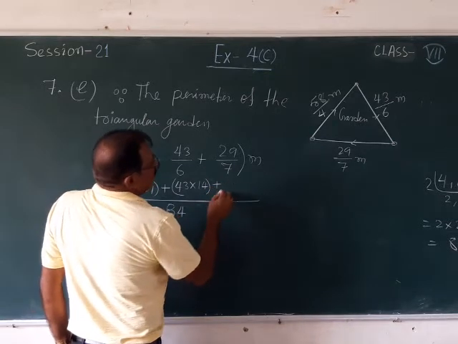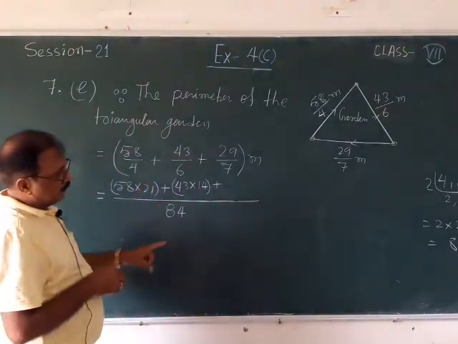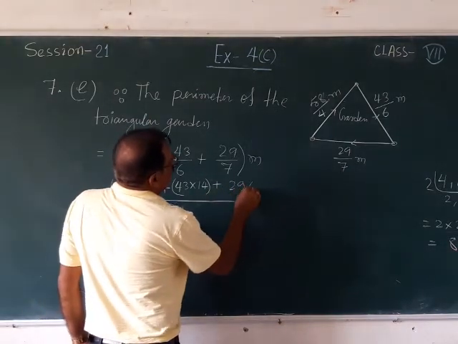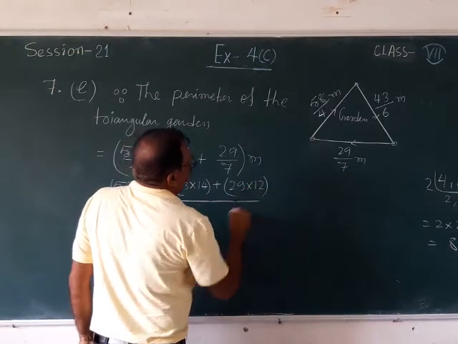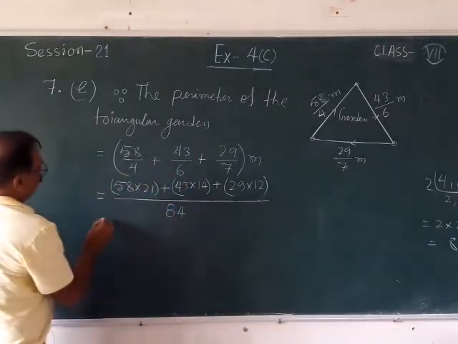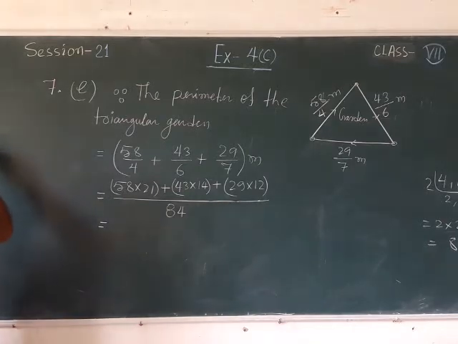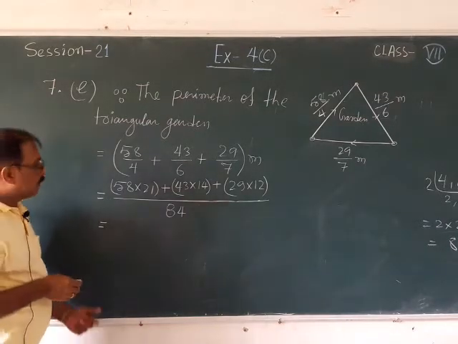then again if you will divide 84 by 7, you will have 12. So it will be 29 into 12. Now you have to multiply these numbers. So now you have to go in the rough side and multiply.